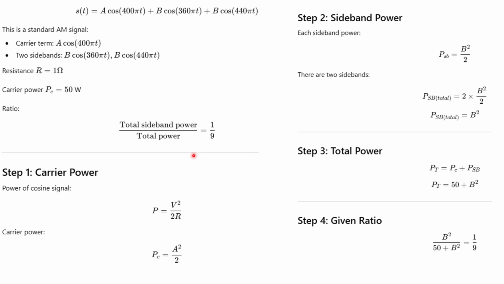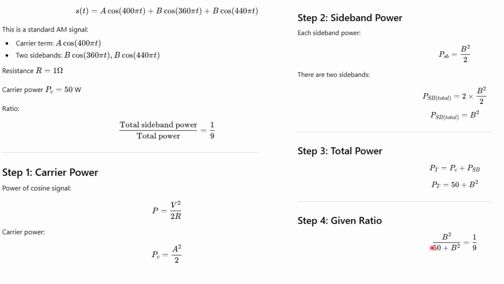Now put the values in: total sideband power divided by total power. So Pt is equal to Pc plus Psb, that is the sideband power. Now put the values directly: the sideband power, that is B square, divided by the total power, that is A square by 2 plus B square, and that is equal to 1 by 9.